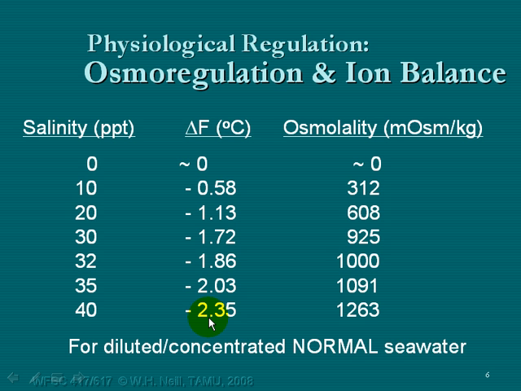But at around 2 degrees, seawater freezes at about -2, and that's something I think we've already talked about. And then over here is the osmolality, and notice that 32 parts per thousand is 1,000 milliosmoles, or 1 osmole. And I think that's why people like to say 32 is representative of seawater. Makes an easy translation to osmolality.